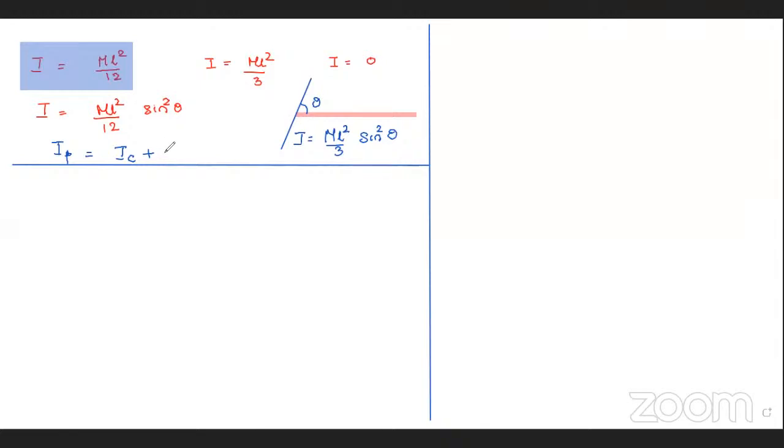M r square, where r is the perpendicular distance between the two axes. Okay, that much shortcut you use. Very good.